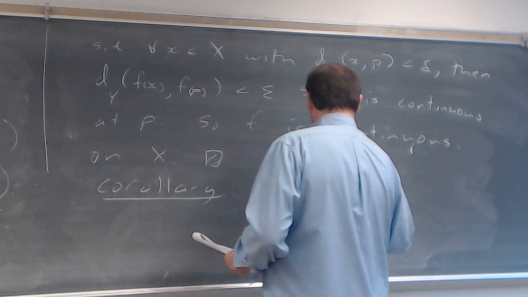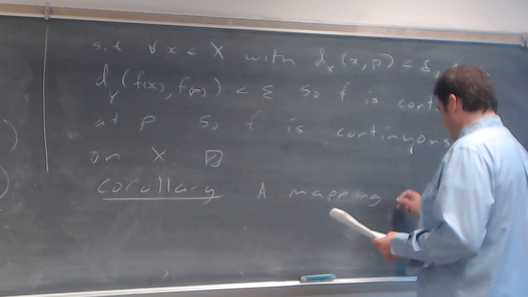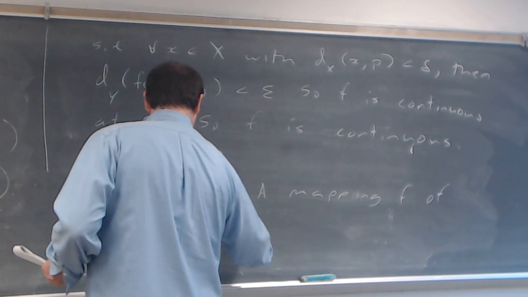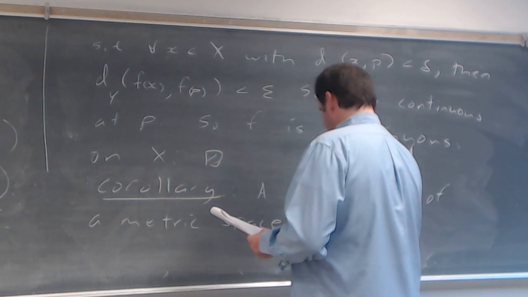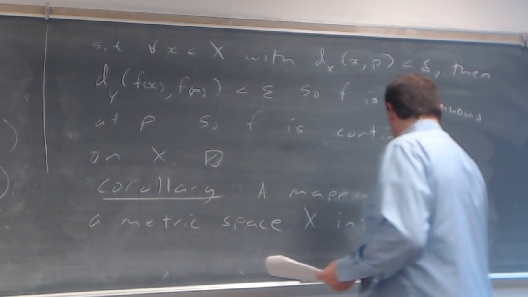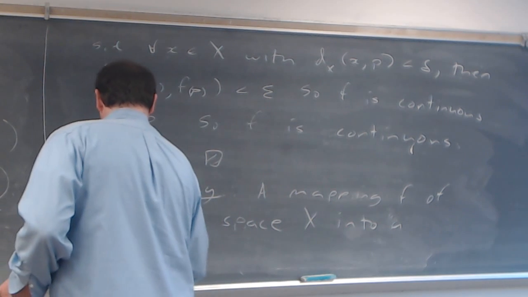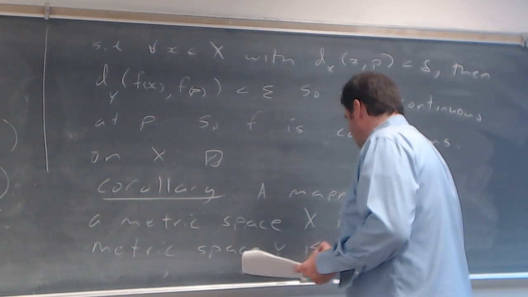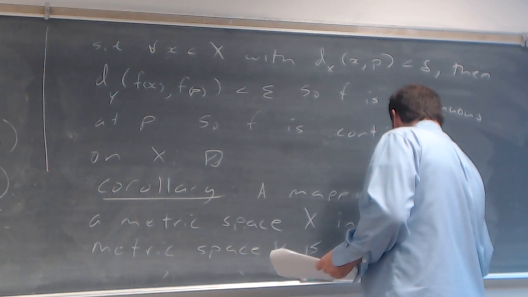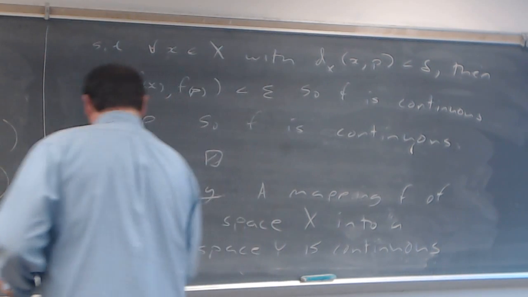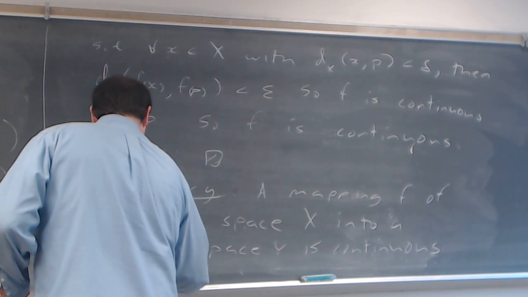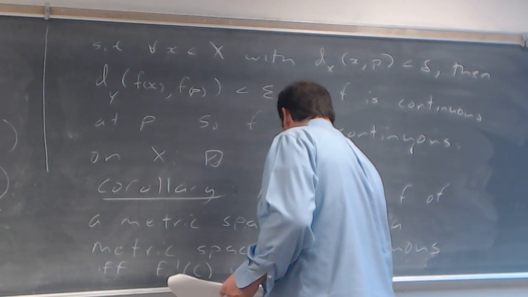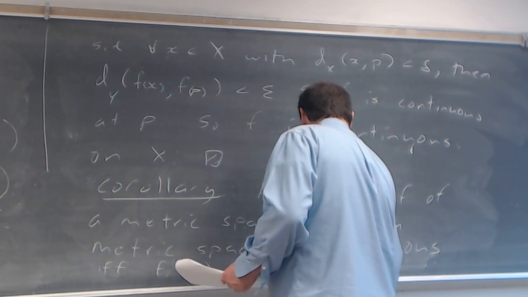A mapping f of a metric space X into a metric space Y is continuous if and only if the inverse image of C is closed in X, I say.